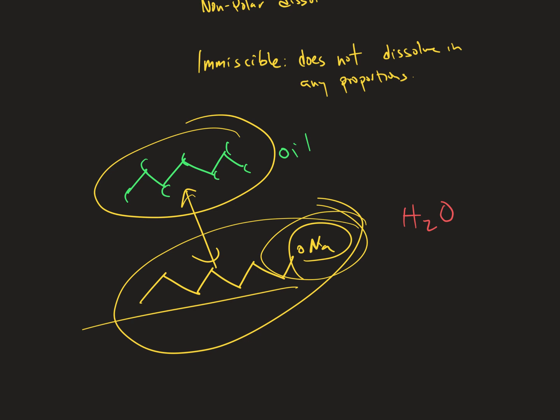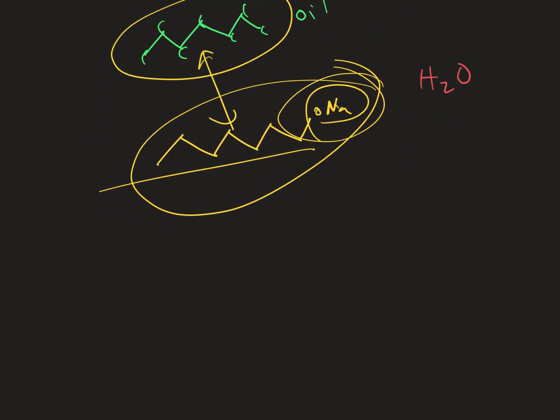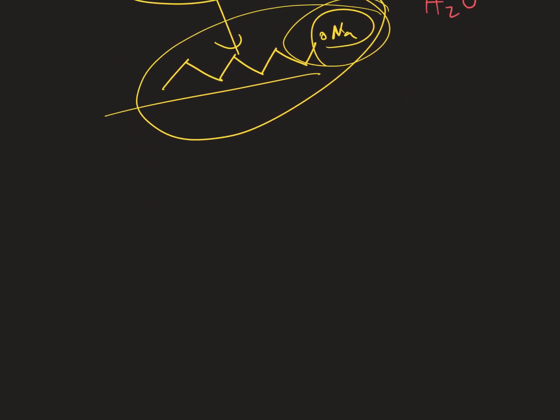Oh, one more thing. I think we talked about this last time. Which one is more polar? They're both polar compounds. They're both hydrogen bonding. Which one is more polar?